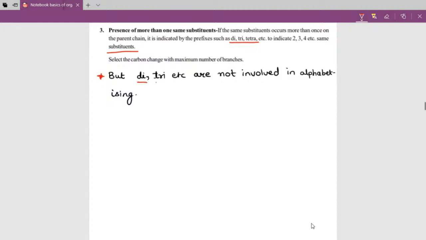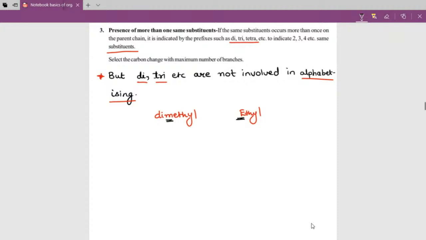Di, tri, etc. are not involved in alphabetizing. What do I mean by that? Let me tell you. For example, if I have dimethyl and I have ethyl, for alphabetizing I will use here E and here M, because di is not part of the original name.